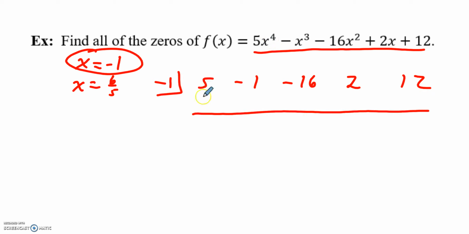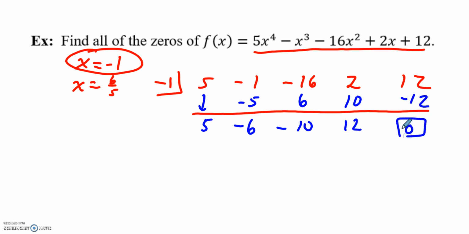So if I start the synthetic and bring down the 5, I multiply diagonally and get -5, combine down. -1 times -6 is 6, combine down. -1 times -10 is 10, combine down. -1 times +12 is -12, and if I combine down, I get a remainder of 0, which means that my polynomial now becomes 5x cubed minus 6x squared minus 10x plus 12.